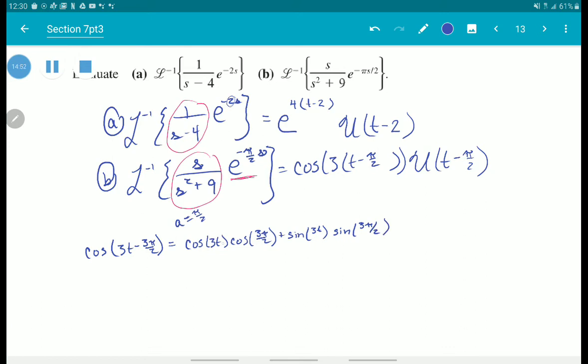So we know cosine of 3 pi over 2 is 0. Sine of 3 pi over 2 is a negative 1. So all this reduces to negative sine of 3t. So this guy's going to become negative sine of 3t times that unit step t minus pi over 2. So there's our final answer.